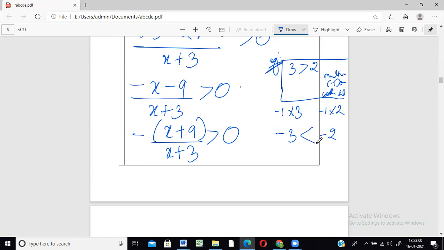Now it will be reversed, correct? Because among negative numbers, minus 2 is actually greater than minus 3. So are you understanding? Whenever you multiply by a negative number, the sign of the inequality will always change. 3 was greater than 2, but minus 3 is not greater than minus 2. Why? Because we have multiplied by minus 1. So when you multiply by a negative number, the inequality changes.